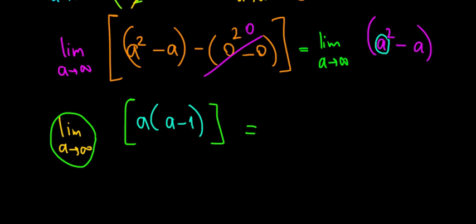Now, if a is approaching a very large number, what are we going to multiply? We're going to multiply a very large number, right? Think of it that way. Don't think about just infinity, it's a concept. Think of a very, very big number times that very big number minus 1. So we actually multiply two ridiculously big numbers.